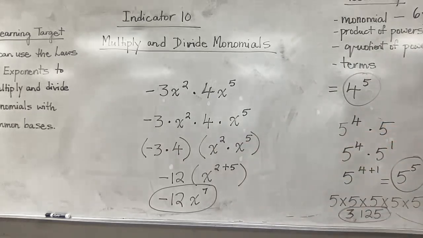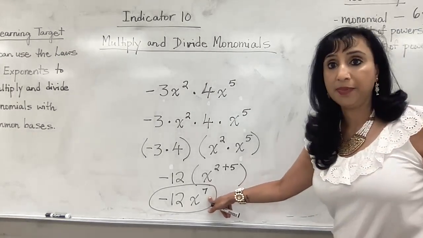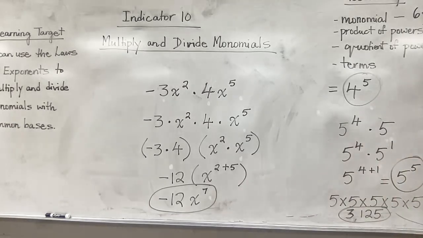Then the coefficients can be multiplied using the commutative and associative properties of multiplication, and the exponents are added because x is used as a factor 2 times in the first monomial and 5 times as a factor in the second monomial. Therefore x is used as a factor a total of 7 times. So that's why we are adding that part.